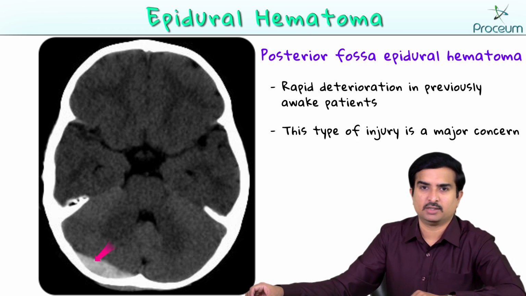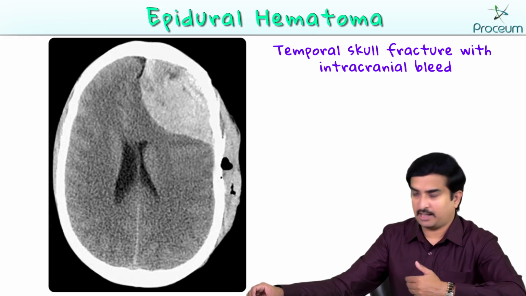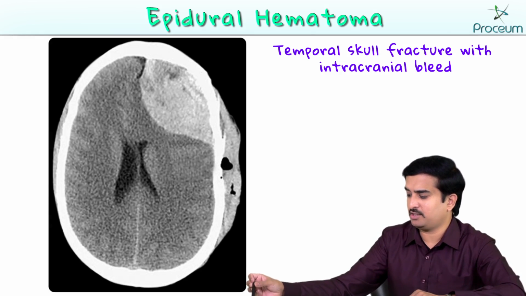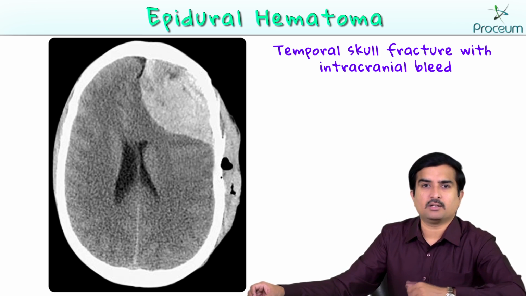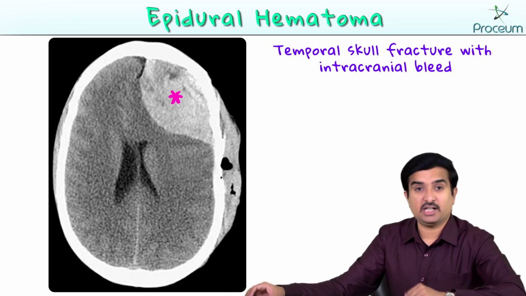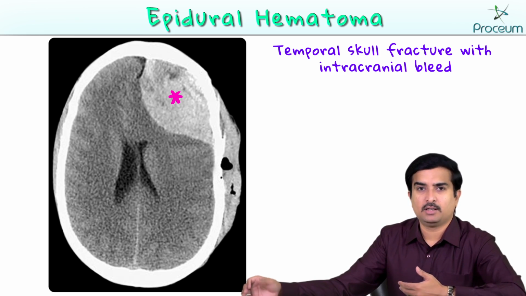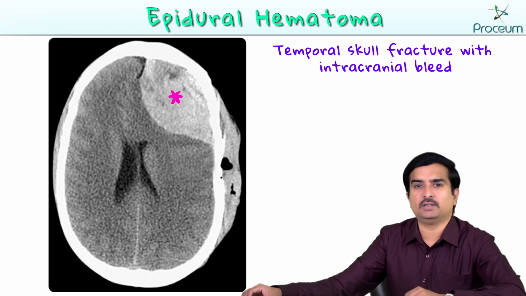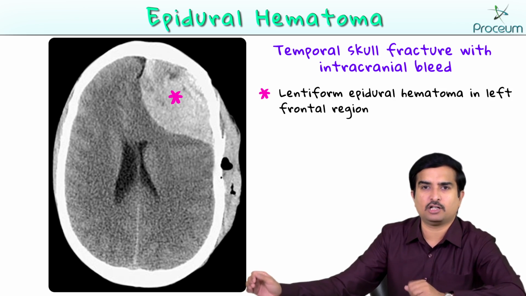because this is associated with a poor prognosis. And we can also see a temporal skull fracture with an intracranial bleed in another image over here. We could appreciate the skull fracture in the left temporal region, which is associated with the presence of epidural hematoma, and the CT image has been obtained using brain windows, which clearly shows the lentiform epidural hematoma, represented by a star mark over here, especially in the left frontal region.